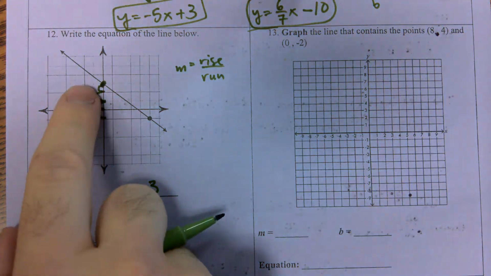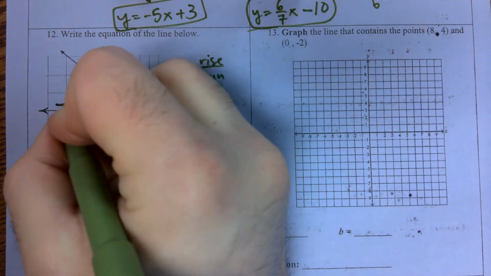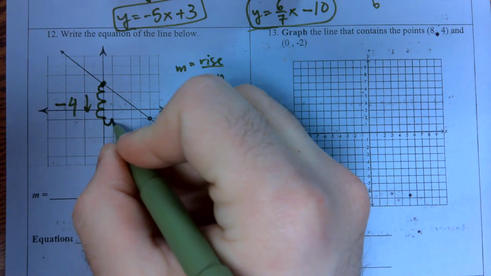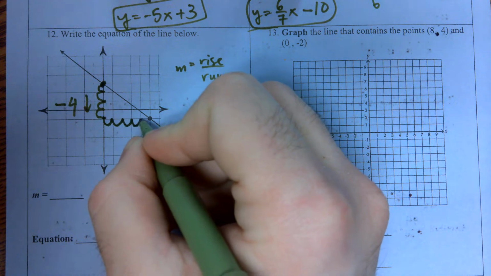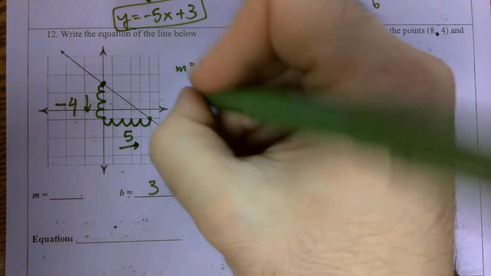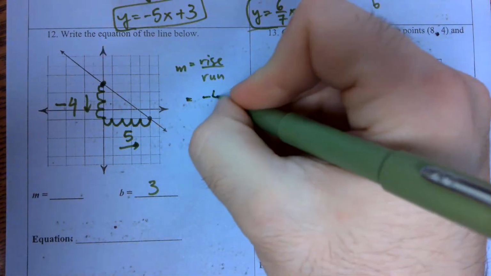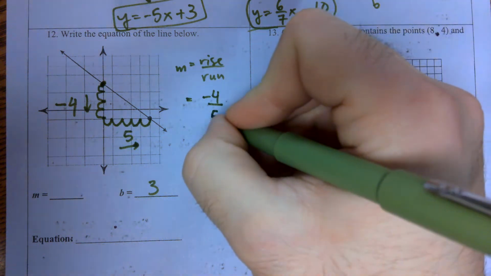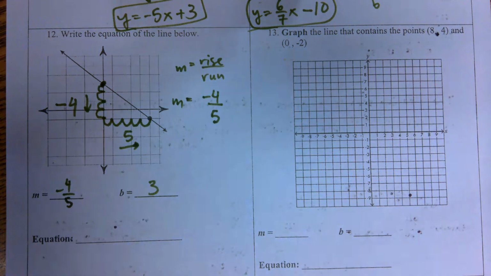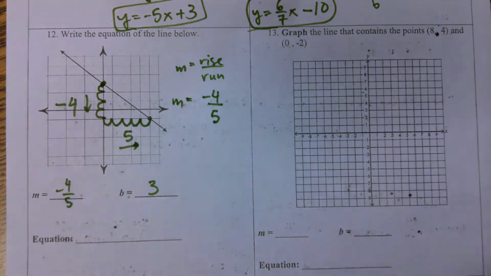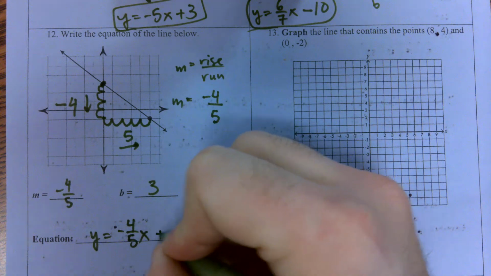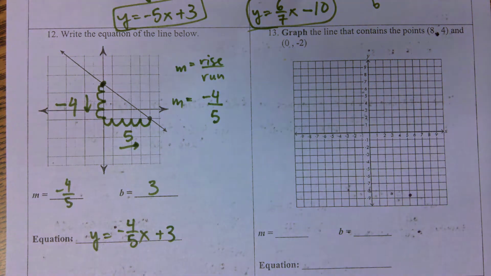And typically when we rise downward, we're going to say that that's a -4. Then we're going to run over to the right 1, 2, 3, 4, 5 spaces to the right. So our rise is -4, our run is +5, our slope is -4 over 5. And we can write the equation y is equal to -4 over 5x plus 3.